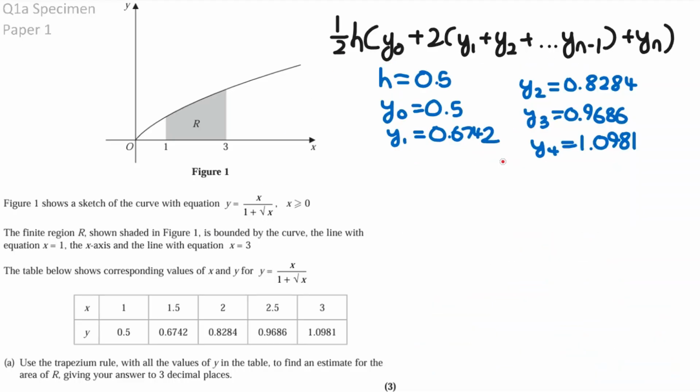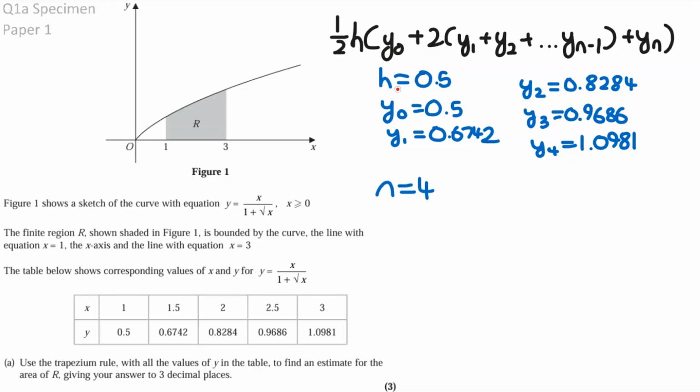Okay, so let's plug these values into the formula. As the final y value is y4 in this instance, n is equal to 4. Remember, we multiply all of the y values by 2, and put them inside this 2 bracket, except for yn, so y4 in this case, and y0.